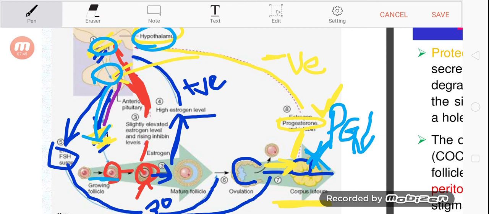So new growing follicles will be recruited. Once PG has dropped, it causes FSH and LH to be secreted, and that means the new ovarian cycle is initiated.